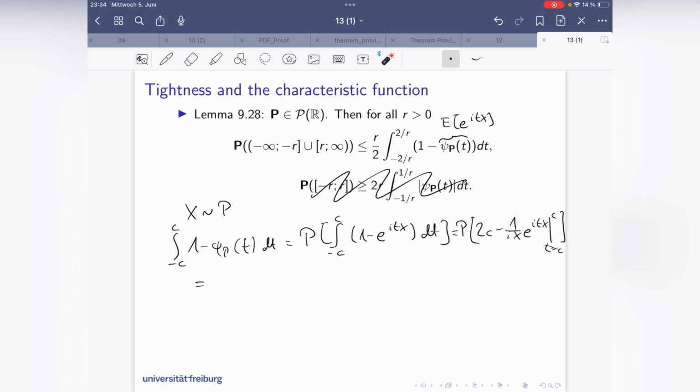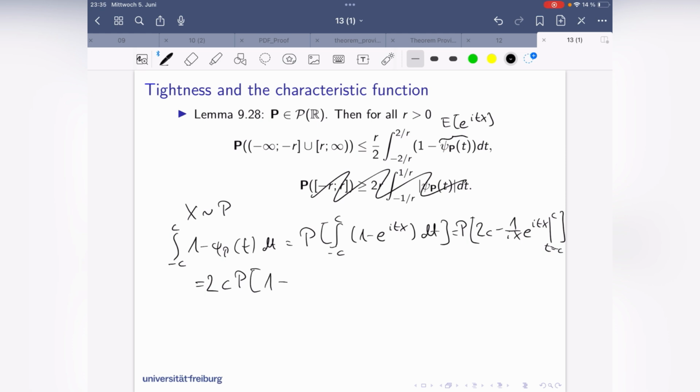So the sine stays. Yes, and we have the sine of tX times i. The i vanishes here. And let me write it like this. 2c and the i here.